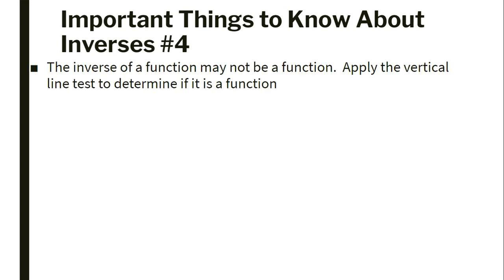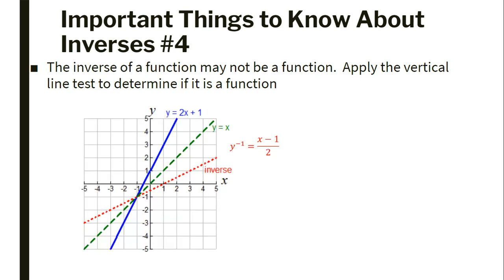Number 4, just because you started with a function, it doesn't mean that the inverse is a function. You have to apply the vertical line test to determine if the inverse is also a function. So let me give you an example using the previous two graphs. Here we have the linear function y equals 2x and its inverse of x minus 1 divided by 2.